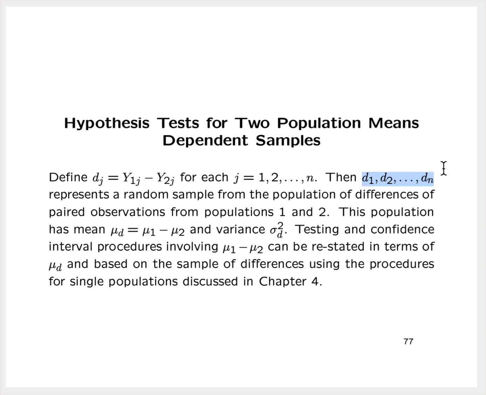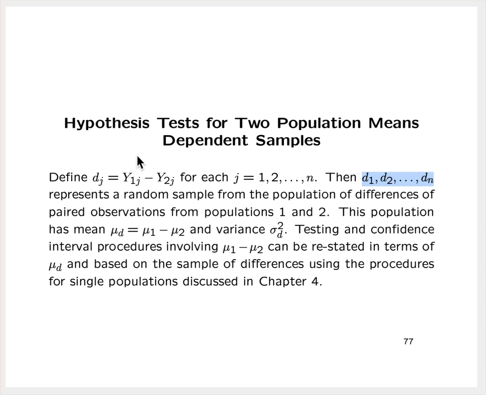All right, so with that in mind then, let's think about what the mean of d sub j is. Well, because expectation is a linear operator, the expected value of d sub j is equal to the expected value of y1 sub j minus the expected value of y2 sub j.